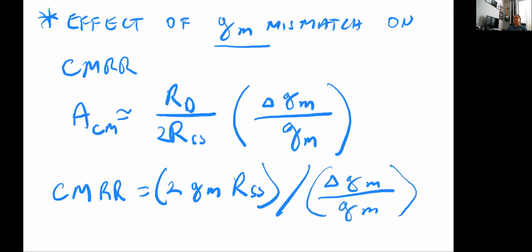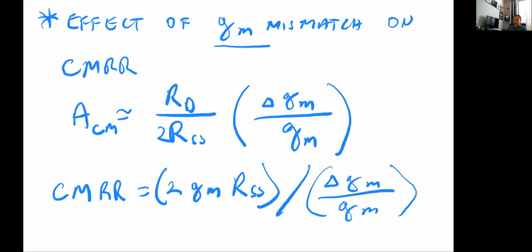And that makes sense intuitively because essentially, if you have no variation, then this term is 0, which would make the rejection infinite. So it would be a perfectly matched differential input pair, and you would not amplify any of the common mode signaling.